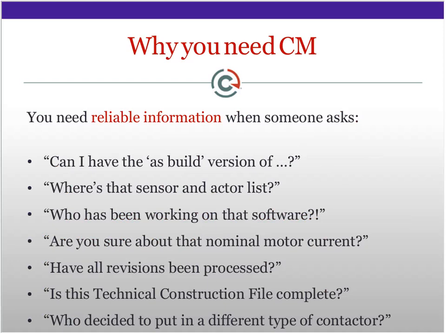Who has been working on that software? Who made the change? Are you sure about that nominal motor current? Have all revisions been processed? And so on. Probably a lot more questions to ask, but all have to do with the information you provide.